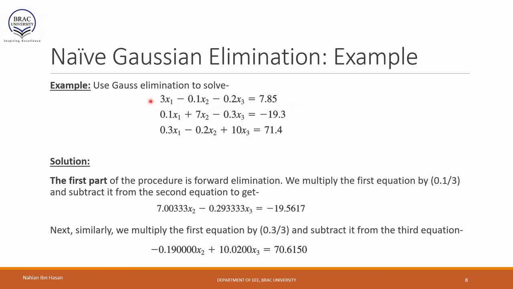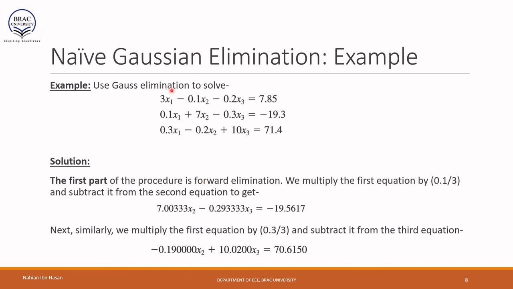The first term will become 0.1 x1, and in the second equation we also have the term 0.1 x1. So we subtract the first equation from the second equation and replace the second equation with the resultant.